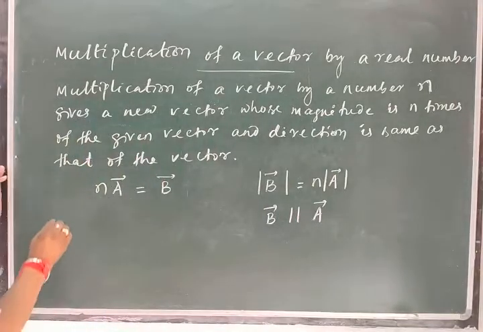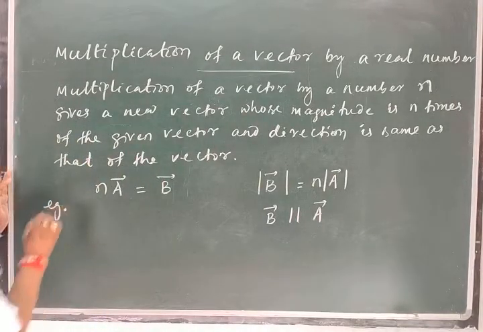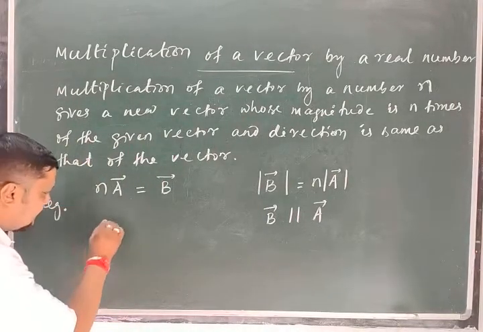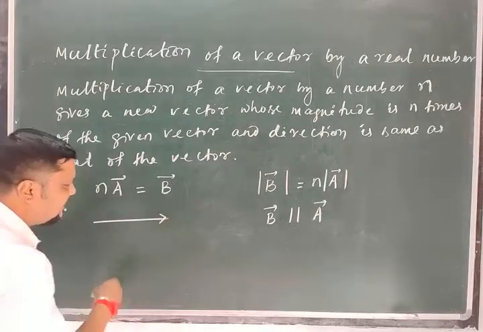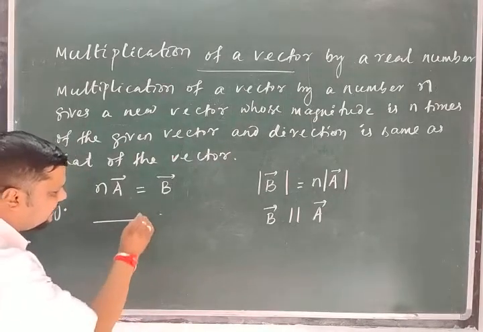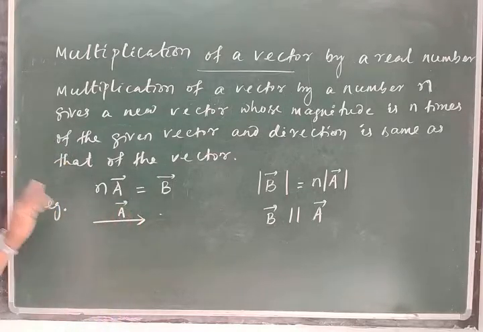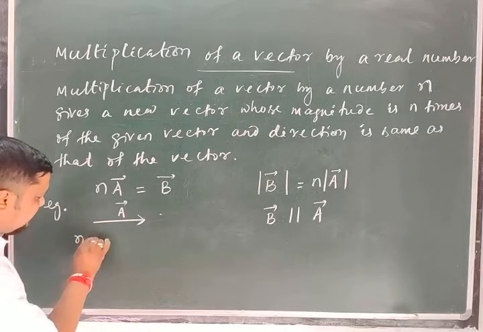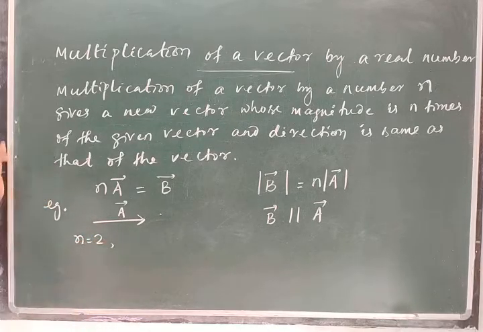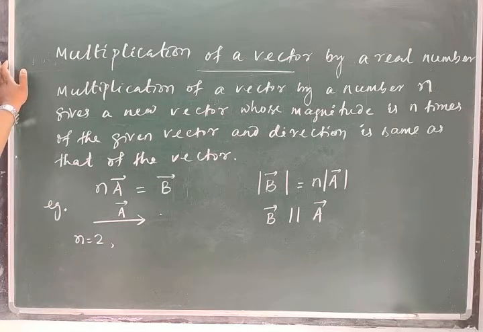Now let us take an example. Suppose graphically this is the vector A. Now this vector A is multiplied by 2, which means n is equal to 2.